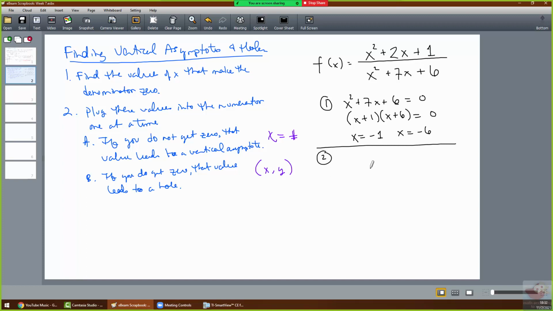Okay. Step 2, one at a time, we're going to put in these numbers. So I'm going to put in -1 for all of the x's in the numerator.